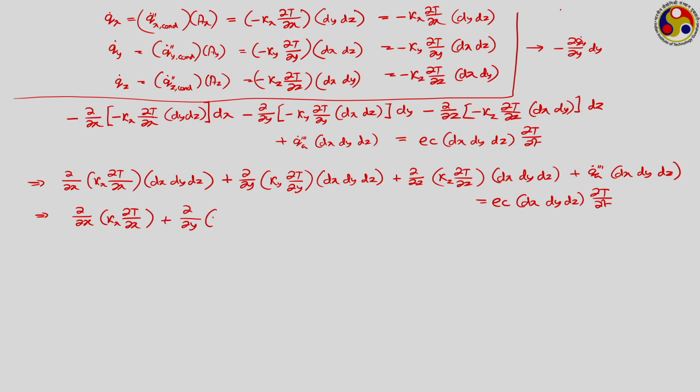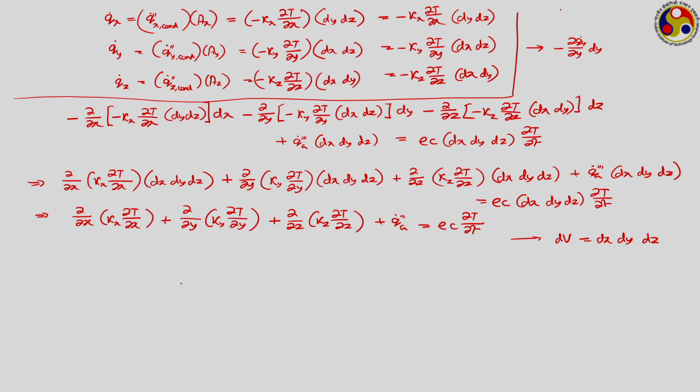plus dou y of ky dou T dou y plus dou z of kz dou T dou z plus qg triple prime is equal to rho c into dou T dou t. And this particular one can be considered as the generalized form of the heat diffusion equation, where dV represents dx dy dz, that is the volume of this infinitesimal block, which cancels out.